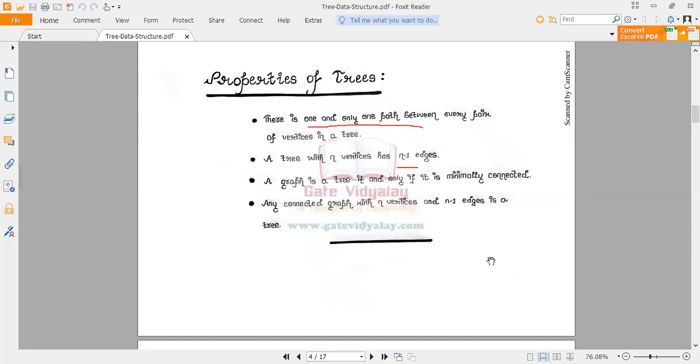But if there is a complete circuit existing in the graph, then we cannot consider it as a tree. And any connected graph with n vertices and n minus 1 edges is a tree, which we have already discussed. So any graph with n vertices and n minus 1 edges will be considered as your tree.